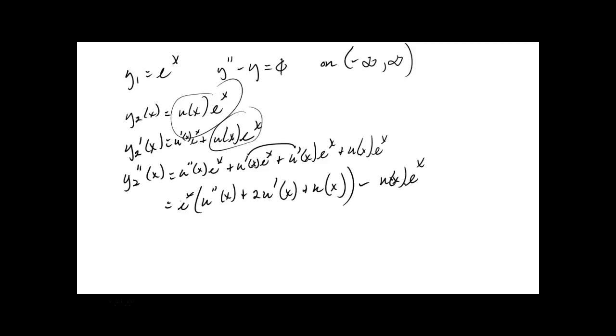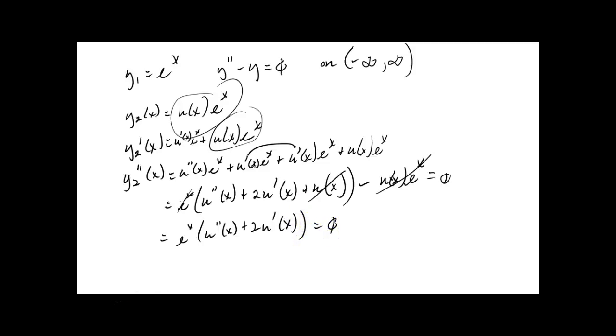Now I regret that I wrote it this way. That's supposed to equal 0. Now obviously the u e to the x minus u of x, e to the x, that's going to add to 0. So that's out of there. So what we have now is e to the x times u double prime of x plus 2 u prime of x is equal to 0.